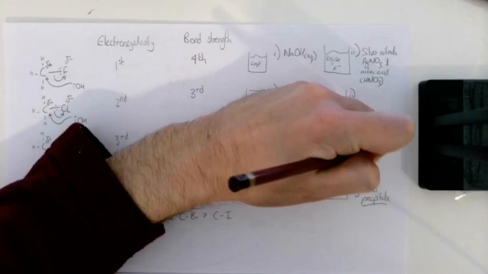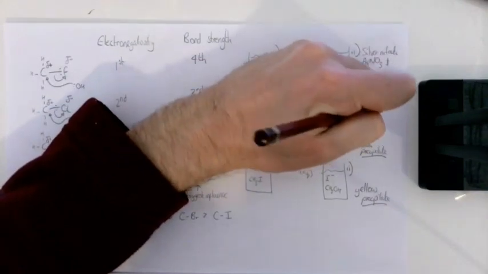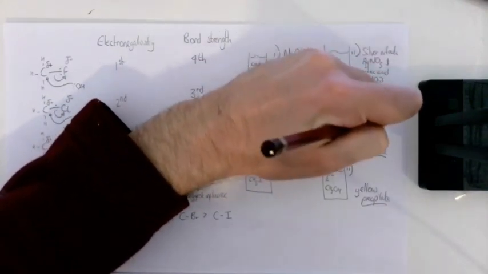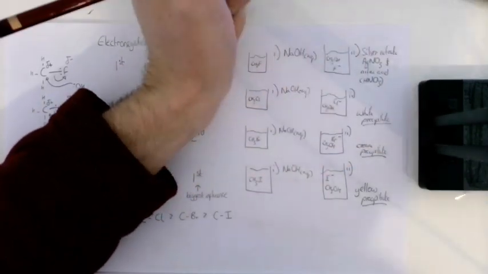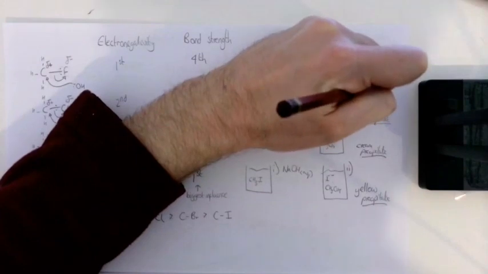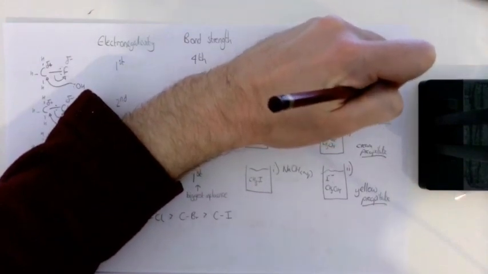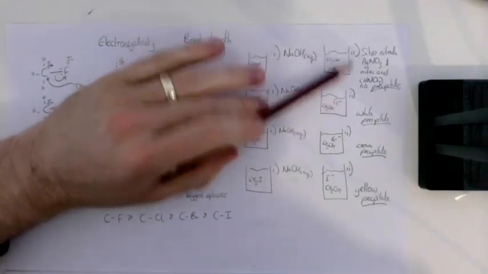Sometimes it's called a pale yellow precipitate. I think cream's fine. And then chloride ions, you'll get a white precipitate. So a white solid will form inside your liquid. If we've got fluoride ions, you get no precipitate. So nothing happens. So that's a way of differentiating between the three.